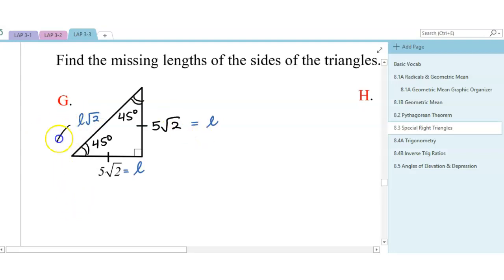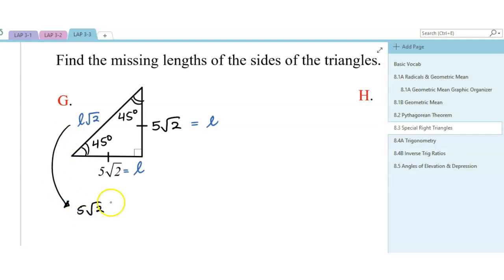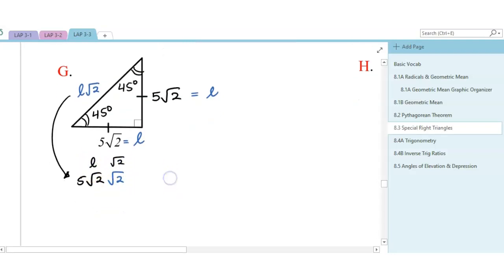So 5 root 2 times root 2. So we have L, and then we have the root 2. And so when you simplify, you just get 5 times 2, which is 10. So the missing side is going to be 10.